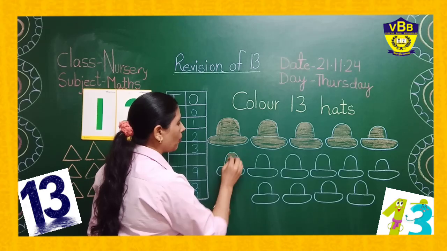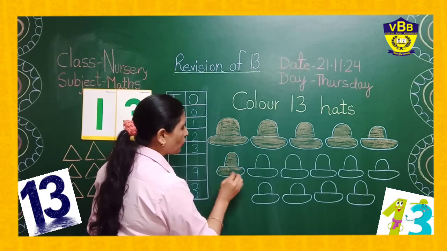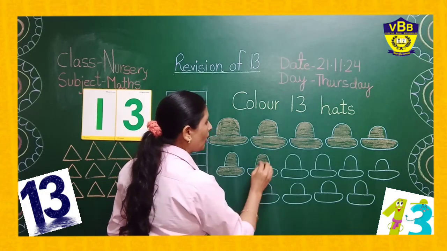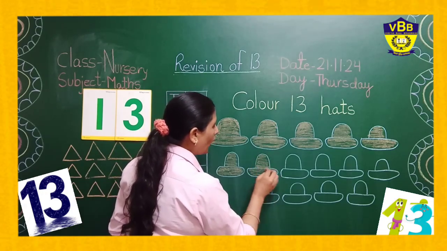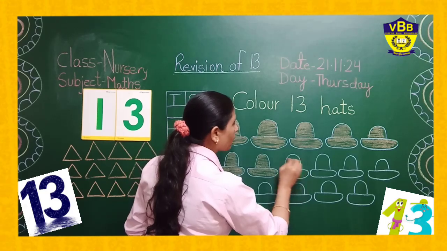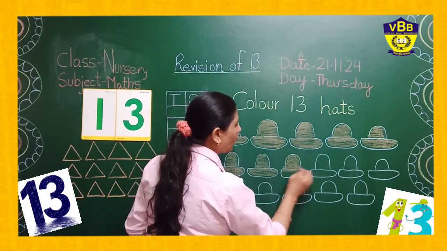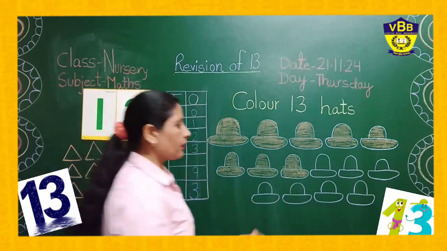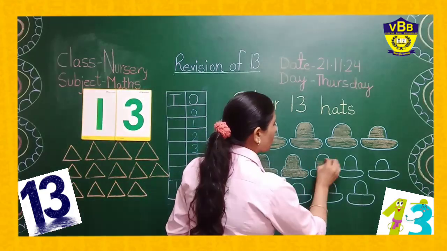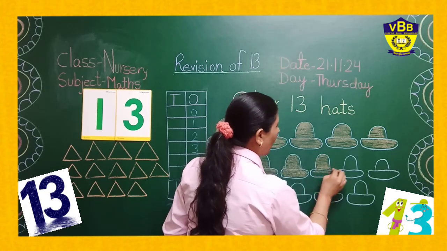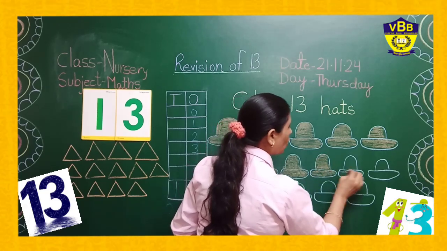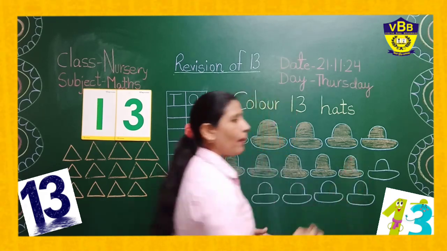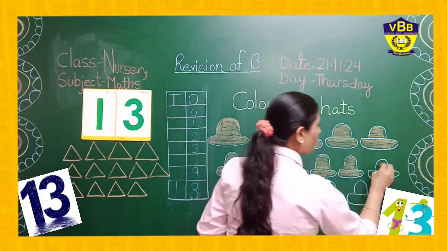You can see my green color board. I am doing the coloring, but my color does not go outside the black color boundary. You all have to be very careful and use only wax color. The color is inside the black boundary and I have used orange color, as in this month we learn about the orange color.